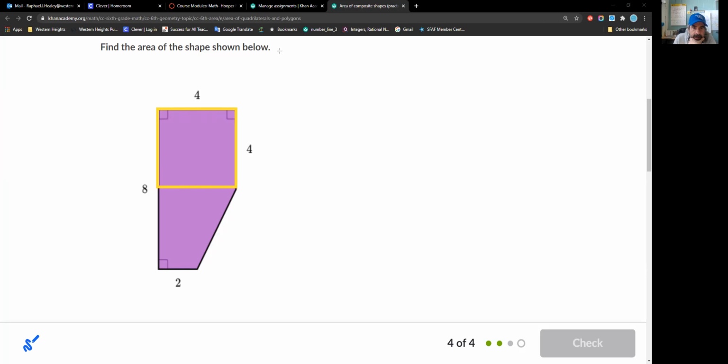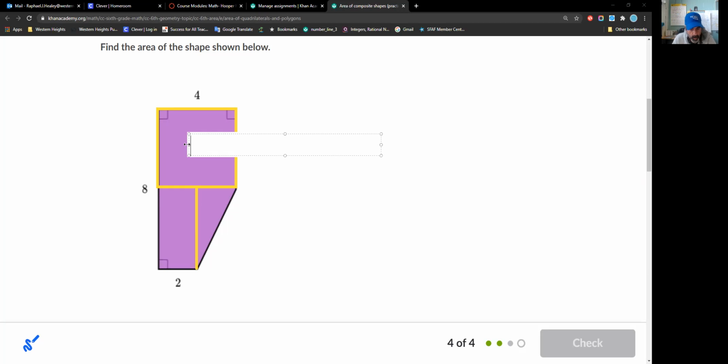And then if I was to draw a line from here to here, that would make a rectangle and a square, right? So if you look closely, we have three shapes here.